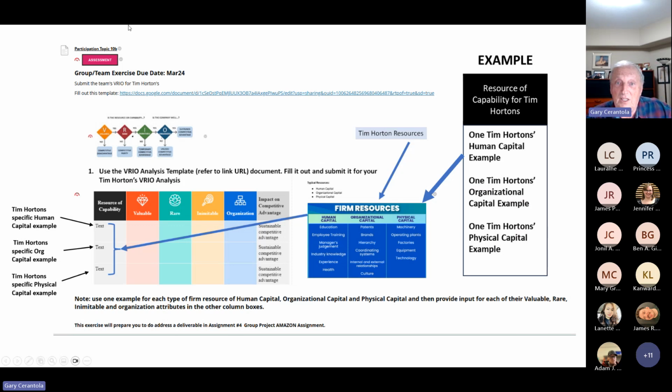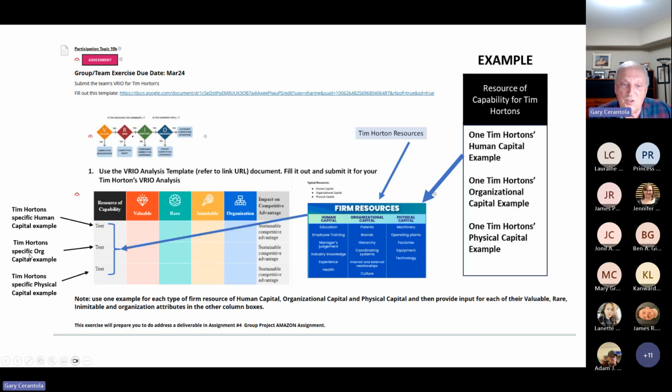But what's key about this is that I want you to put 3 different examples down here to go through that process. One has to be one specific human capital example, and it's got to be specific to Tim Hortons, all right?